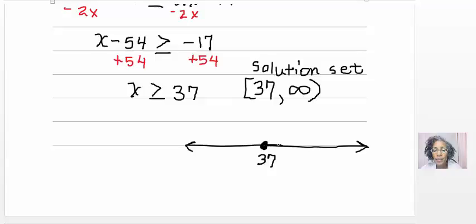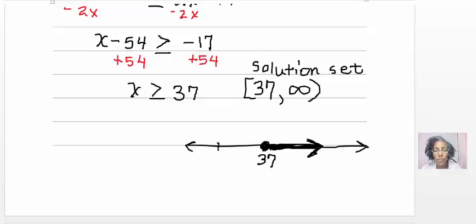And then I show an arrow extending to the right because I do include all numbers bigger than 37. All right, and that would be my number line.